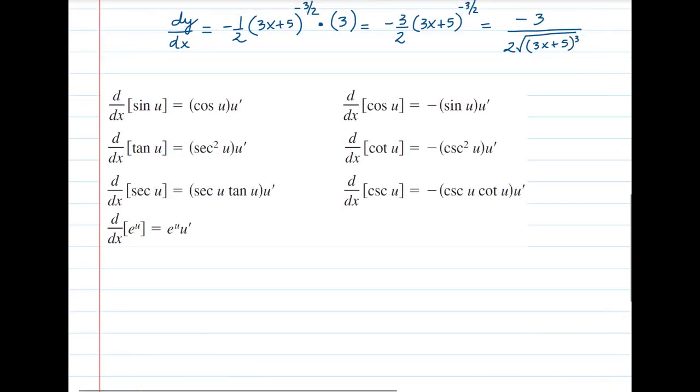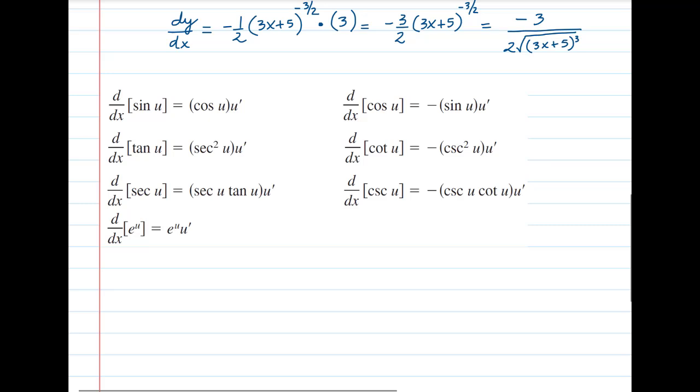Okay, so here we have our transcendental functions. The rules for the derivatives of those transcendental functions are generalized now with the chain rule. Instead of having just x as an input, we have some function u of x, right? So everything is going to work the same, but with the chain rule, you have to differentiate the inside, which is this u, and multiply it by the derivative of the outer function.